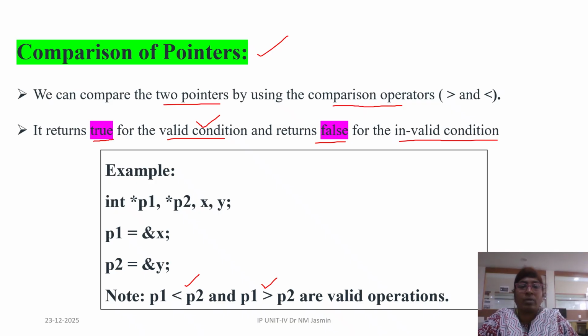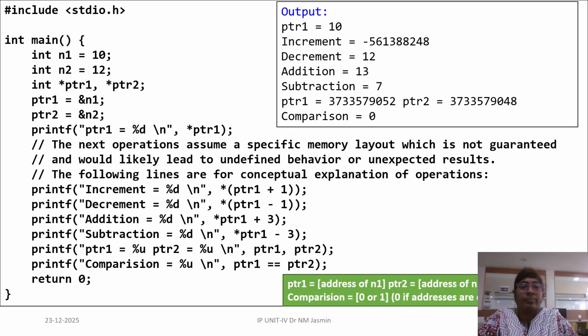Now we will see one program based on pointer arithmetic. Write the C program using pointer arithmetic. Include the stdio.h header file and int main, the C main function, where execution starts.